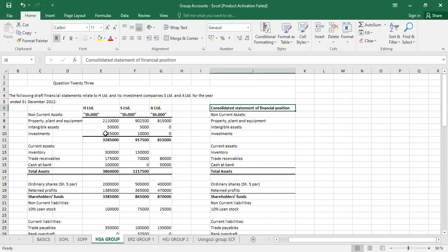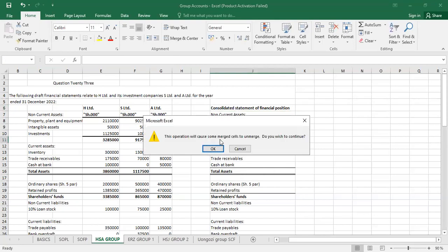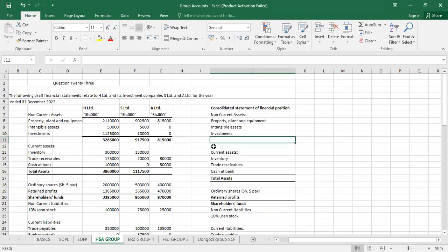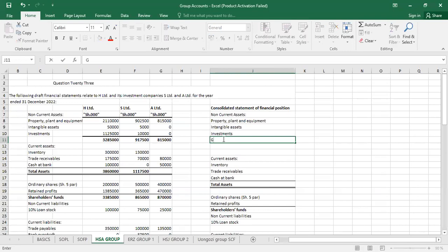So for the investments, yes, investments will be there. So we'll introduce another column here, then another one. So we'll introduce goodwill and also investment in J Limited, isn't it?